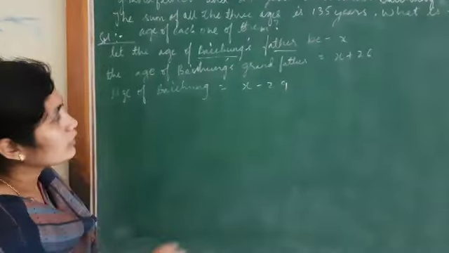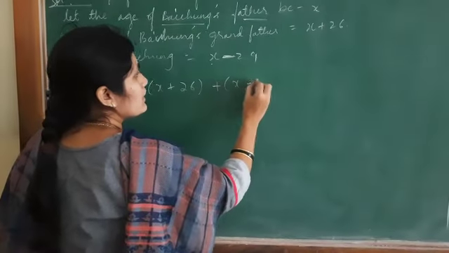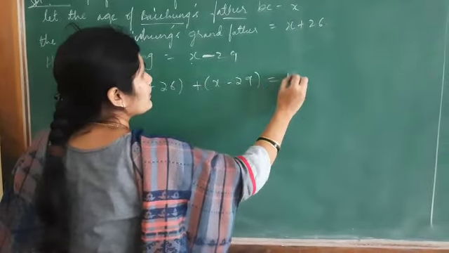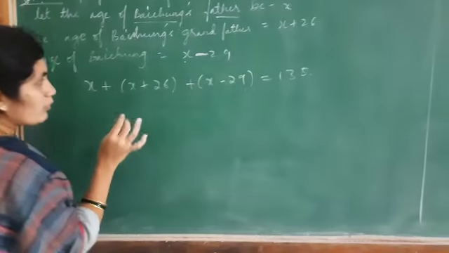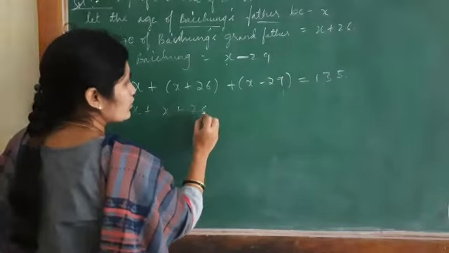Now, to form the equation, we need a constant, that is 135 years. The sum of their ages is Baichung's father's age plus grandfather's age plus Baichung's age, which gives you 135. Now, open the brackets: x plus 26 plus x plus... into minus, multiply the signs.